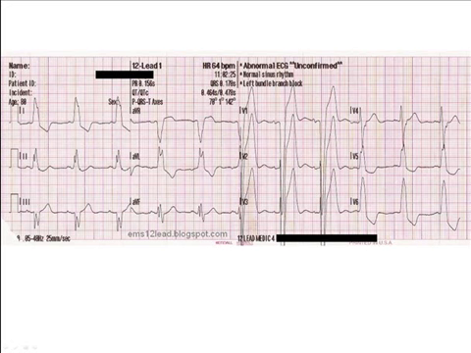One more. Is there an MI associated with this left bundle branch block? V4 and actually V5 has concordance.